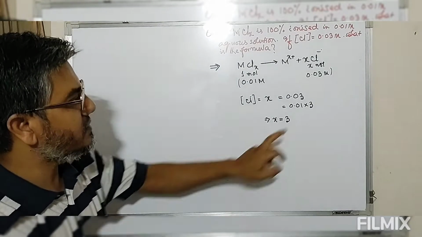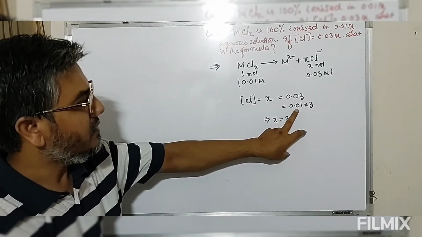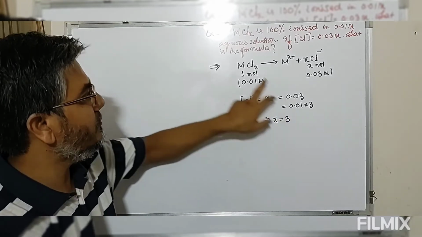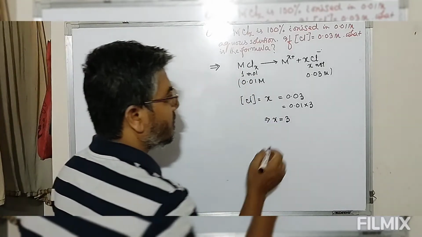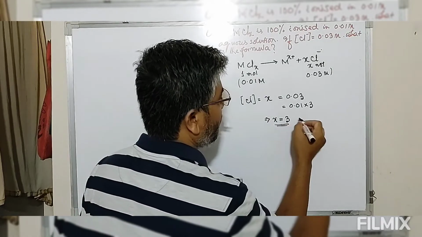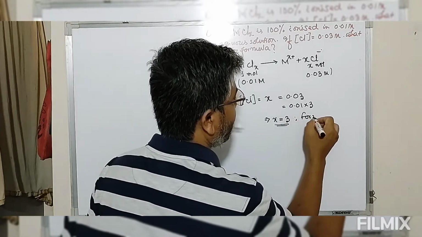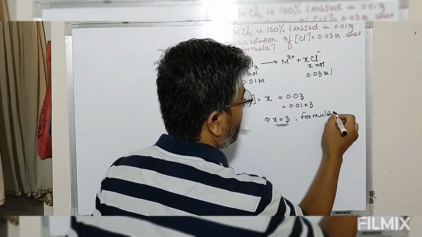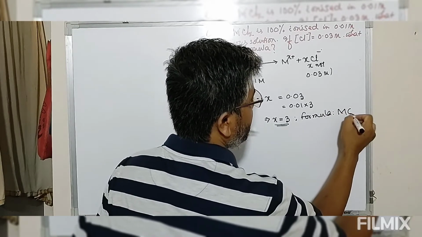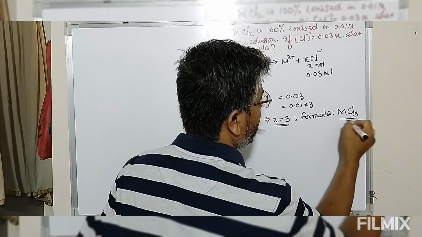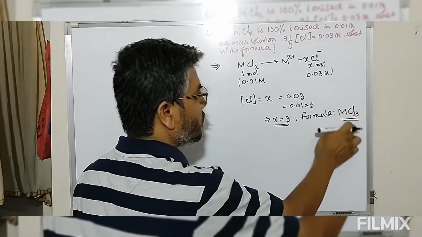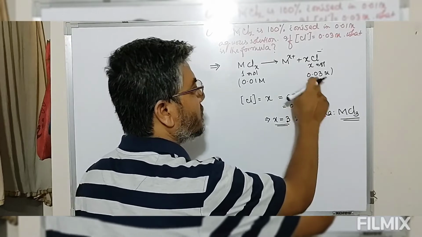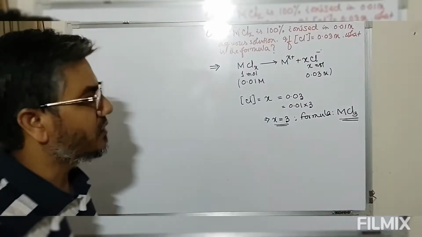That means this is 3 times the initial quantity of MClX. Once we know the value of X is 3, the formula of the compound is MCl3. That means 1 mole gives you 3 moles, because of which the total concentration comes out to be 0.03.